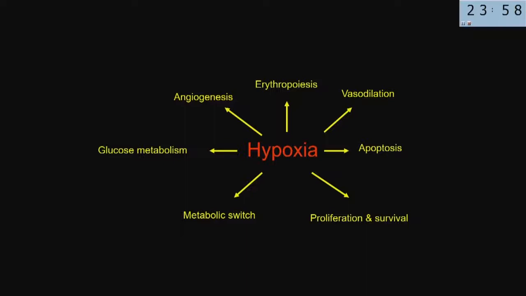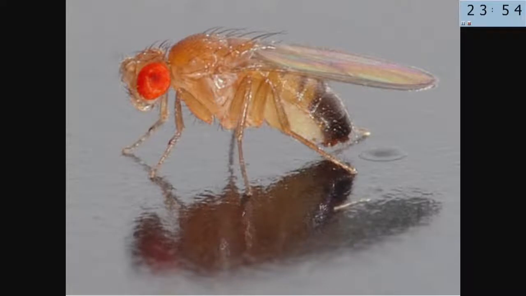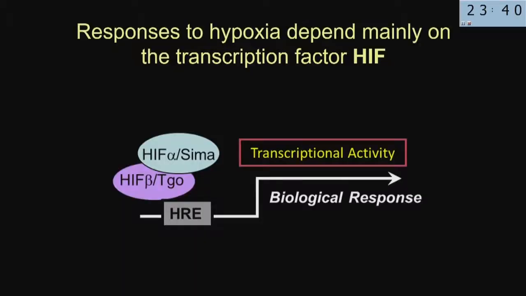These responses rely mostly on, and we conduct our studies mostly in the fruit fly Drosophila melanogaster. These adaptations rely mostly on a single transcription factor called HIF, from hypoxia inducible factor.